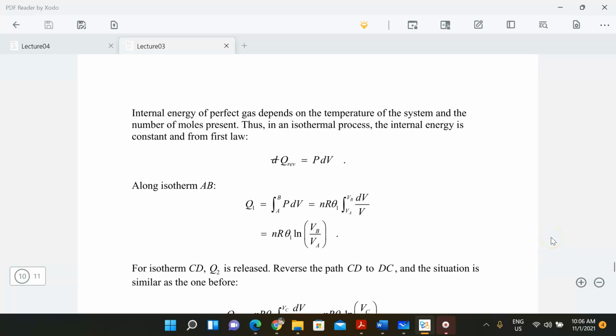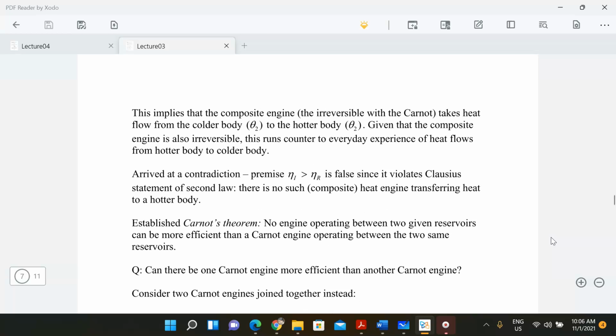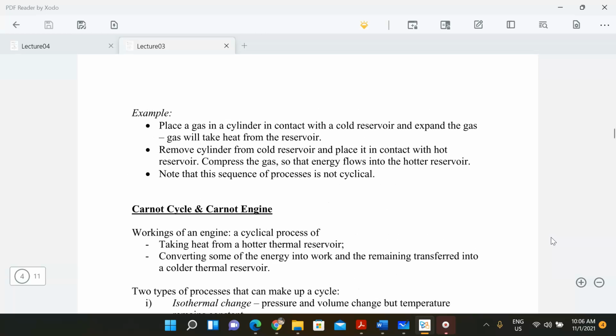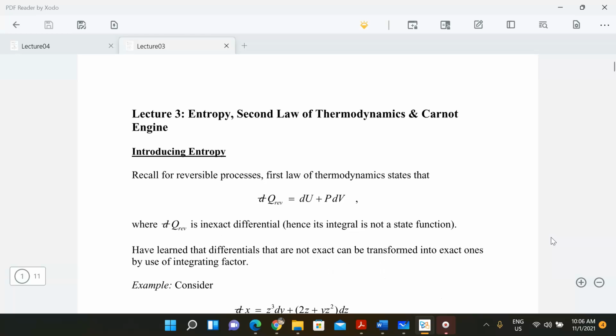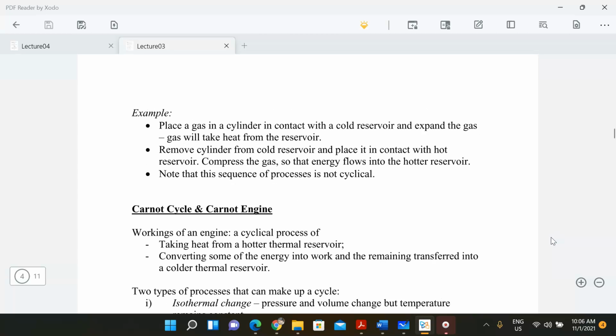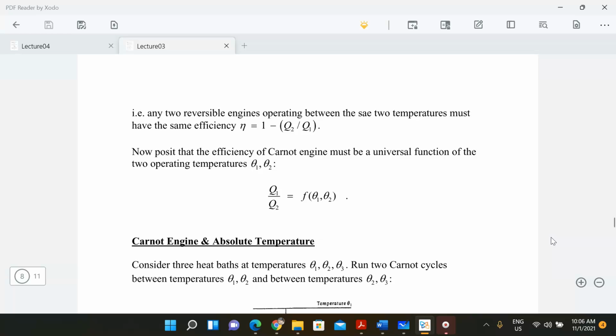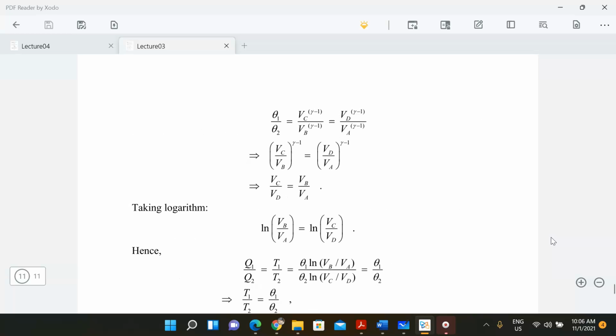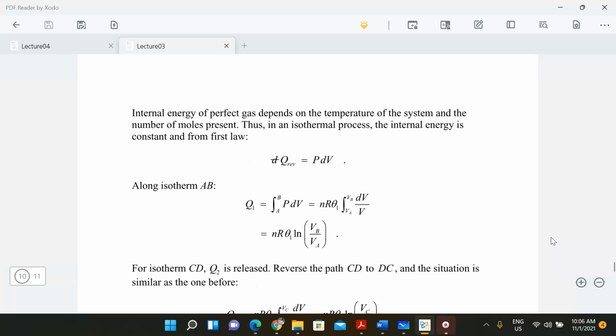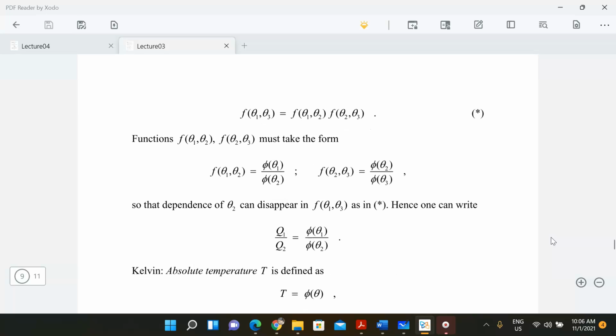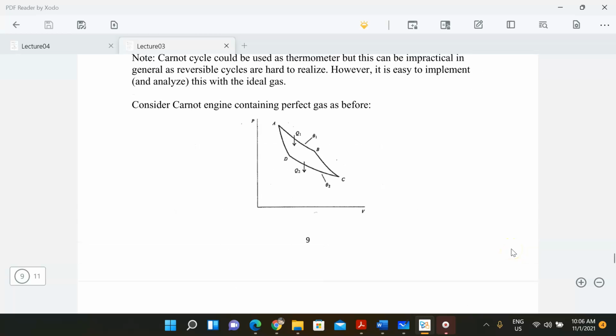But let me go to this picture previously. So let me get back to this picture.